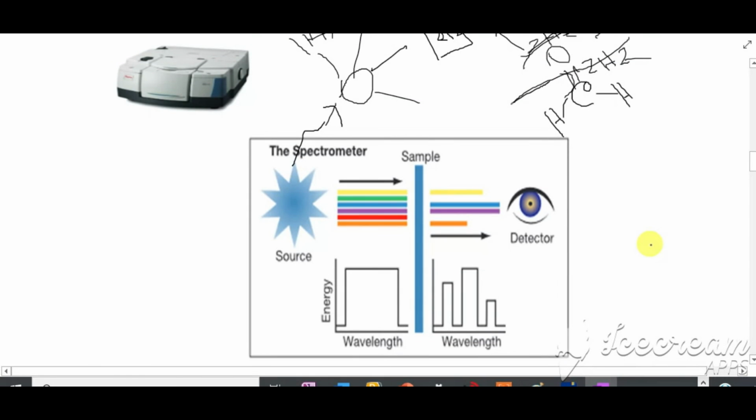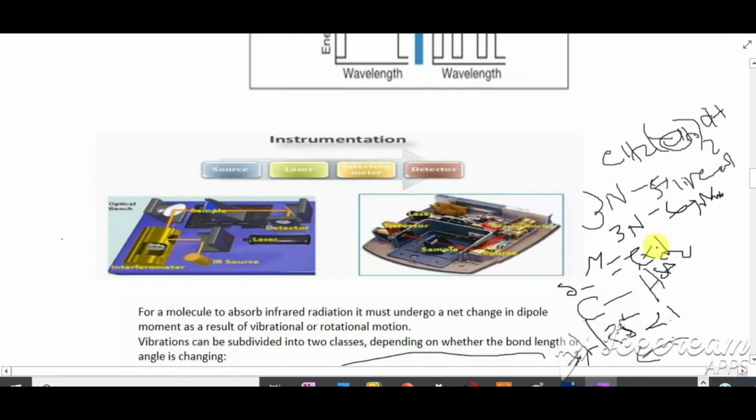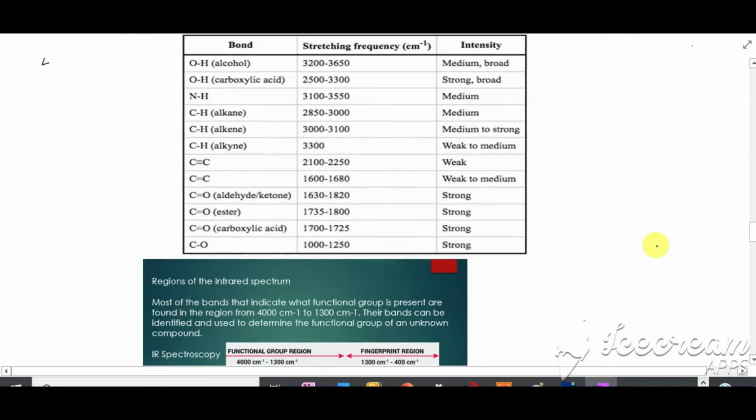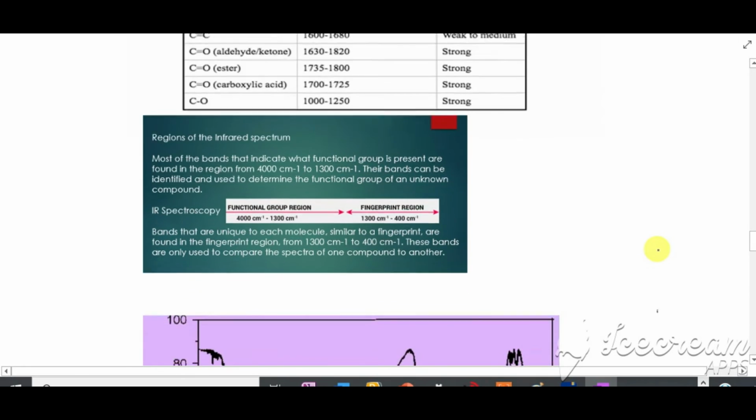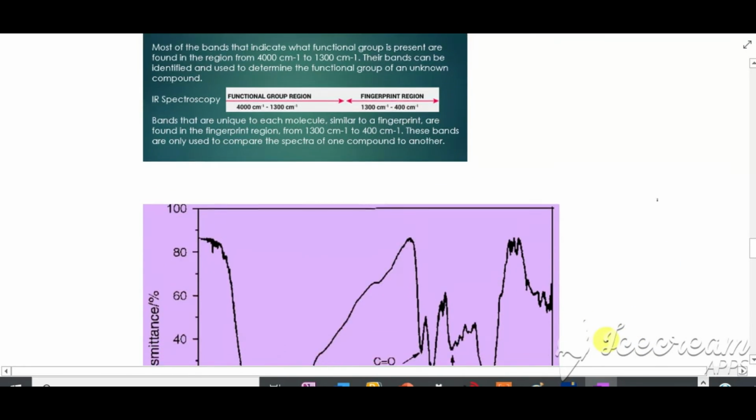Now we can discuss how the spectra can be explained.